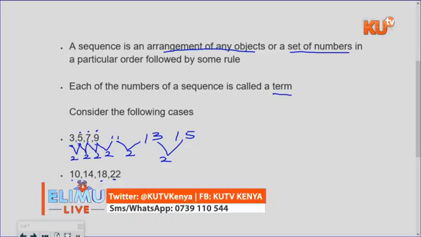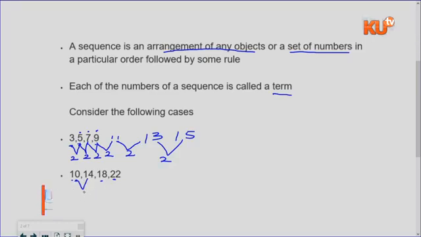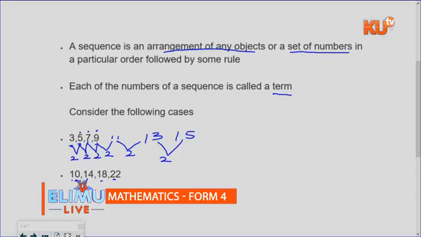You can also tell that there is a certain rule that has been followed to identify the next term of this sequence. In the first case, 10 being the first term and 14 being the second term, you can easily tell there is an addition of 4 to get the second term.